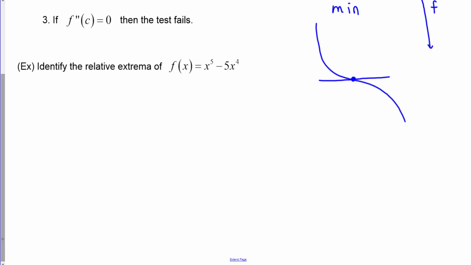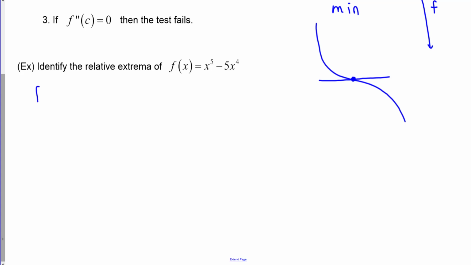Identify the relative extrema of f of x equals x to the fifth minus 5x to the fourth. And we're going to use the second derivative test to do so. Now, for the second derivative test, I need to begin by getting the first and second derivatives. But since I'm testing for relative extrema, I need to stop and get the critical numbers from the first derivative.